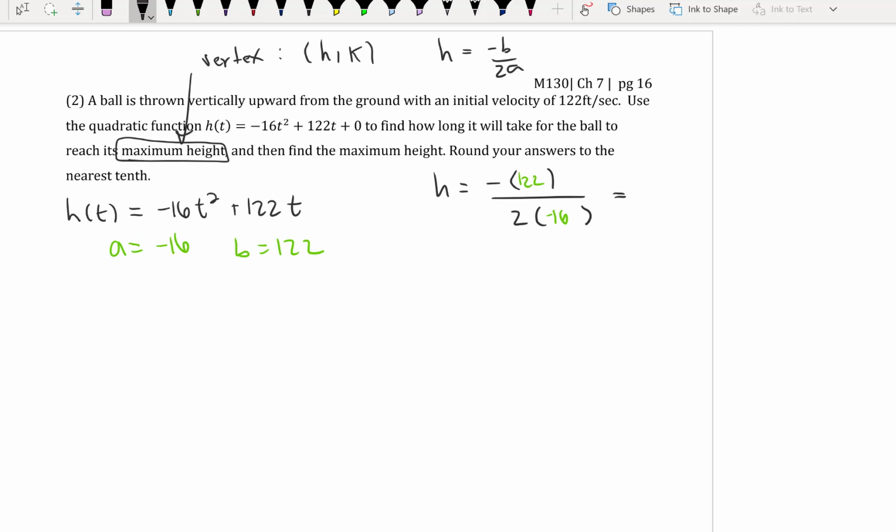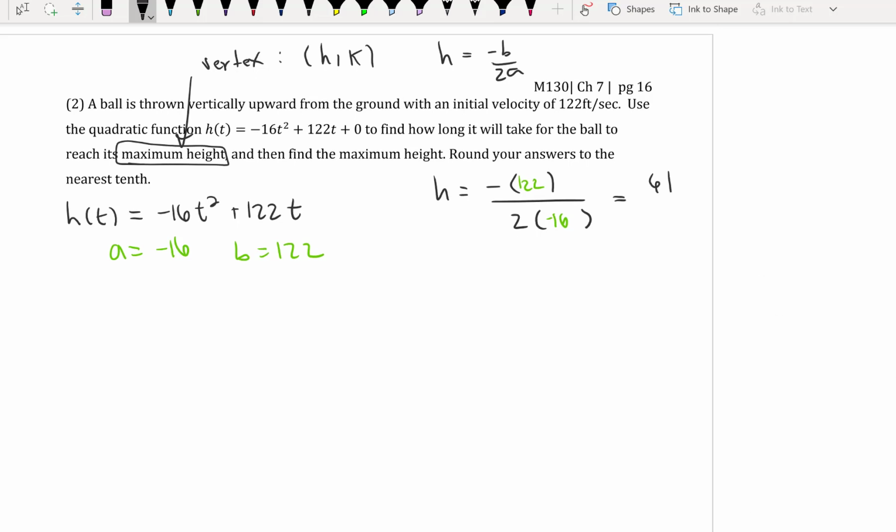So in my calculator, I have negative 122 in the numerator and 2 times a negative 16 in my denominator. And that's going to give me 61 over 16, which is 3.8125.